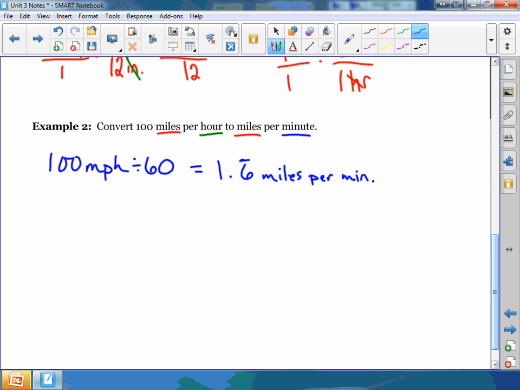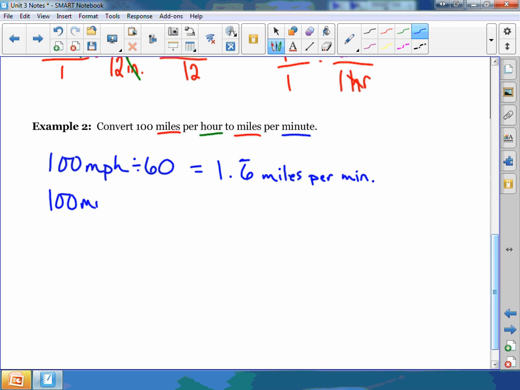When I ask kids sometimes, I'm like, well, why does that work? Why does it all of a sudden just convert it into miles per minute just because you divide it by 60? A lot of times we kind of fall short on getting an answer to that. It's like, well, I don't really know why it does, but it does, right? But if you were to do it the other way, and I feel like a salesman right now trying to promote my method, but I'm just trying to get you to understand this.